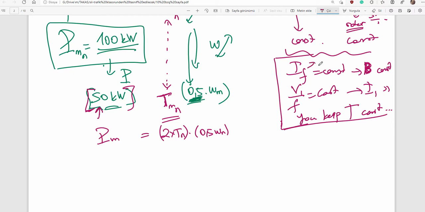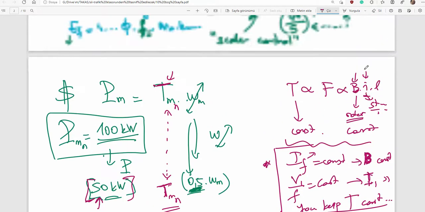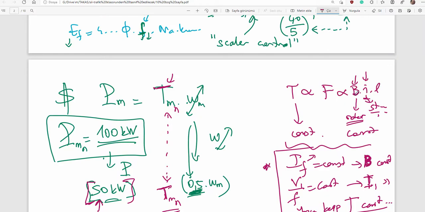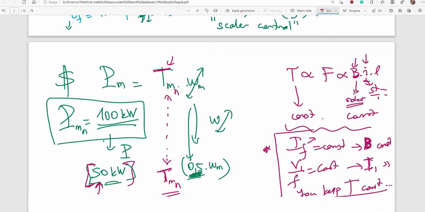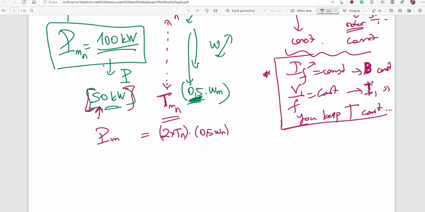If you increase field current to increase magnetic field, there will be saturation. Cannot be managed. And then if you want to increase I1 to keep the product B times I constant, you can increase I1, but Houston, it's a design.